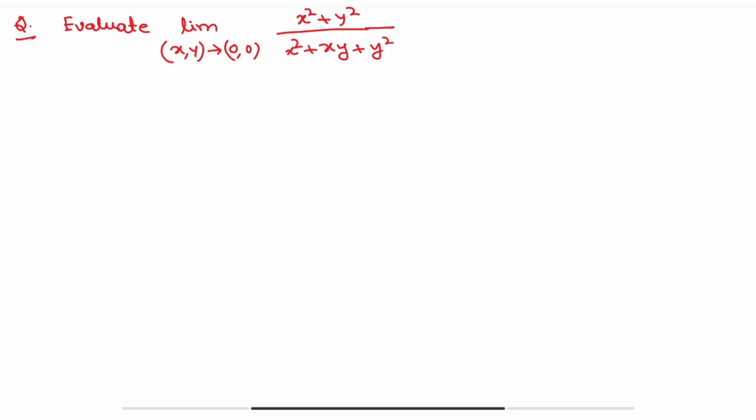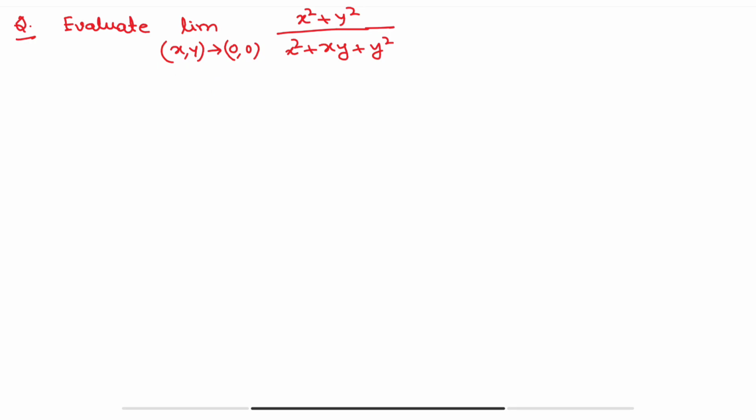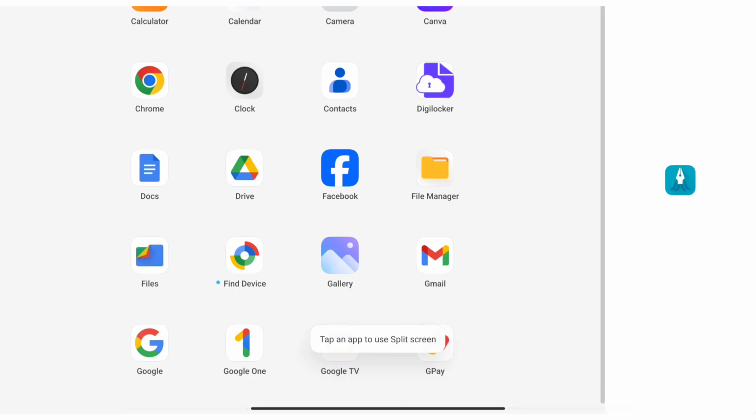Obviously here the limit is xy tends to 0 0, that means this is a simultaneous limit. So for this type of problem we have to choose a transformation. We have to transform this double variable function to a single variable function.